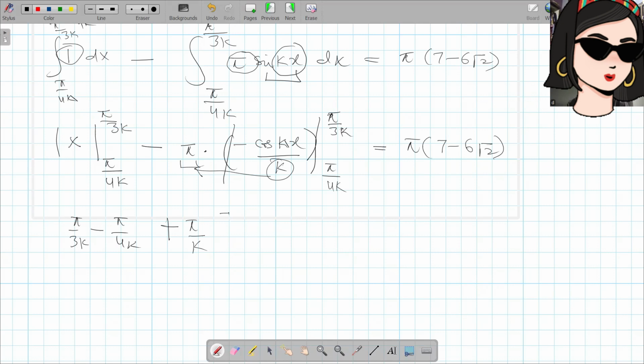Now apply the limits. Upper limit is pi over 3k times k, which will be pi over 3. Similarly, applying the lower limit, pi over 4k times k will be pi over 4. The k will cancel with this k.